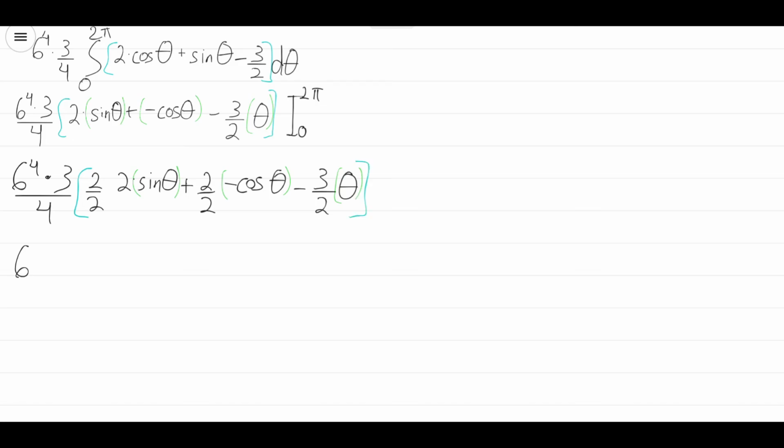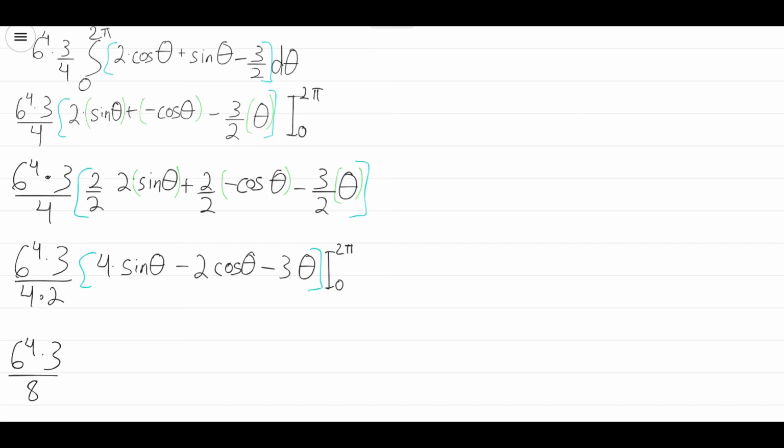And why am I doing this? I'm doing this so we can factor out a common denominator because it makes it easier when we plug in the bounds. It always does. So we can pull out the 2 in the denominator, and we're left with the numerator 2 times 2 is 4, 4 sine theta minus 2 cosine theta minus 3 theta, bounded from 0 to 2 pi.